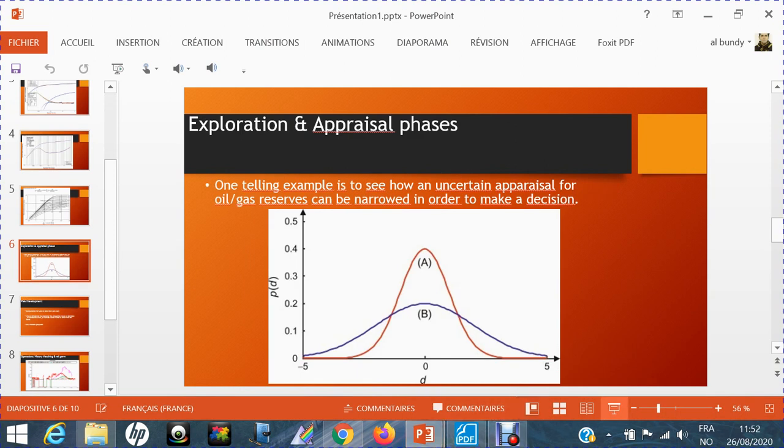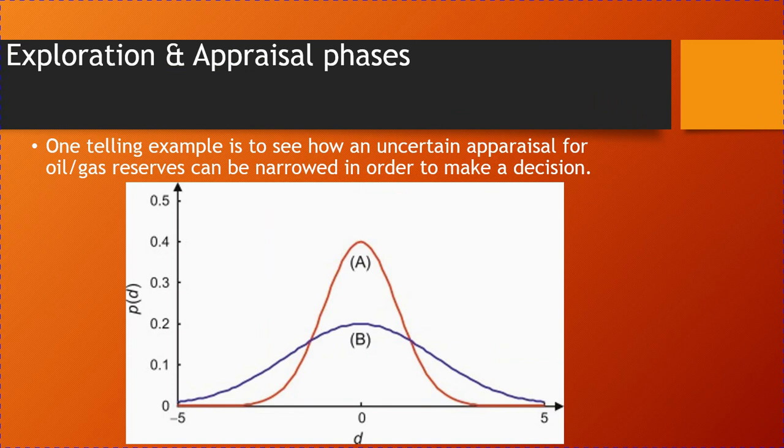So this is a telling example to see how an uncertain appraisal for oil and gas reserves can be narrowed in order to make a decision. So the A plot, the B plot, let's start with the B plot, shows you a spread of the reserves which is pretty large.